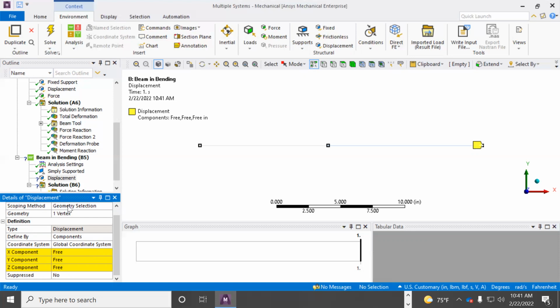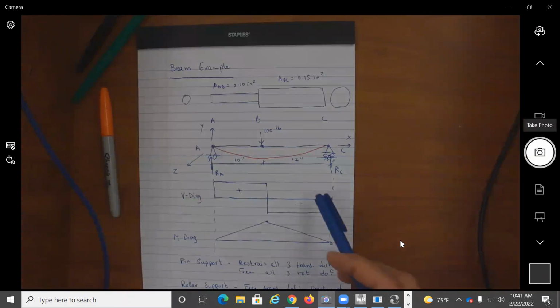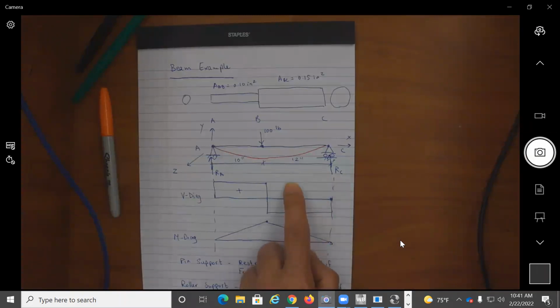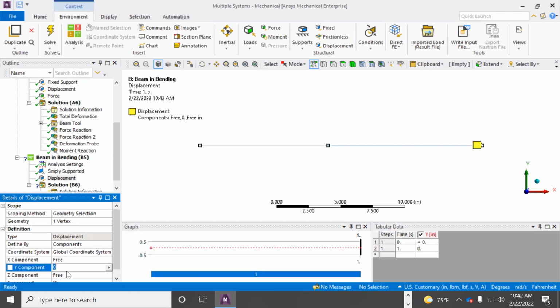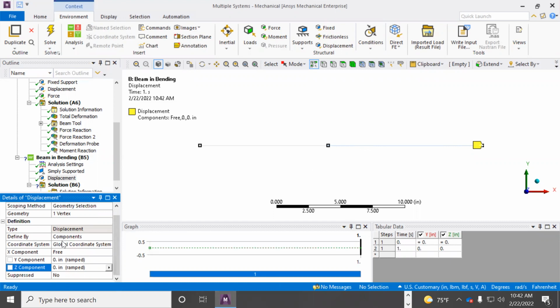This displacement constraint affects only translational degrees of freedom in X, Y, and Z. And based on our good understanding of the roller support, we know that this roller support is going to constrain translation in Y and in Z and only allow for X. So I'm going to go back to Mechanical, and I am going to let the X component be free and make sure to put a 0 in the Y and a 0 in the Z. So this is how I model my roller support that is allowing translation in the X direction.